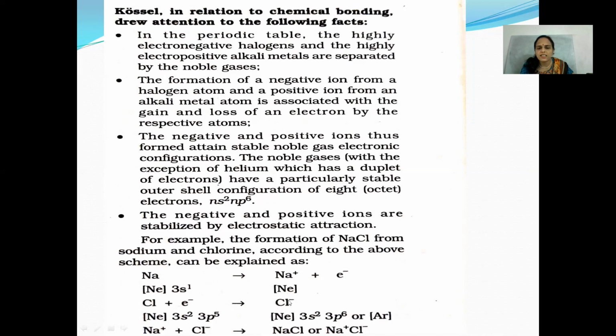Cl has an electronic configuration of [Ne]3s2 3p5, and Cl- attains the configuration of argon, a stable configuration, [Ne]3s2 3p6. These two ions, Na+ and Cl-, combine with one another, resulting in the formation of NaCl, an ionic compound. The sodium ion and chloride ion are held together by electrostatic forces of attraction.